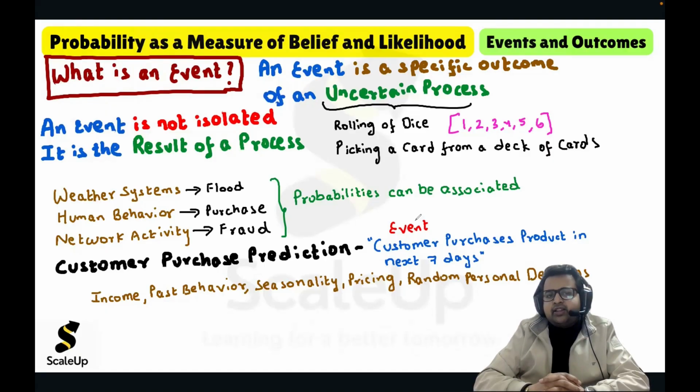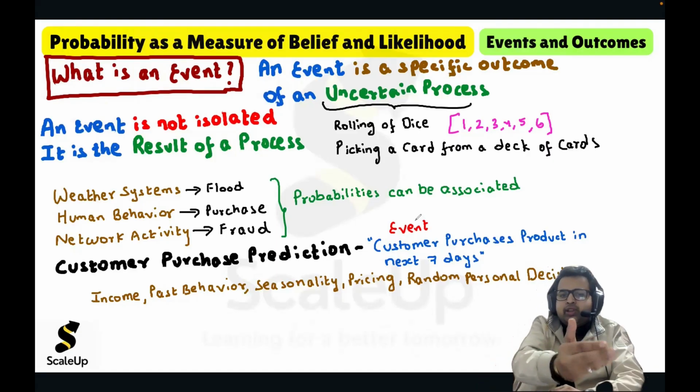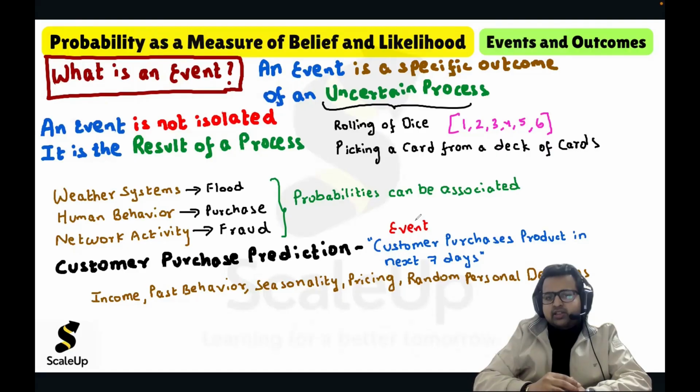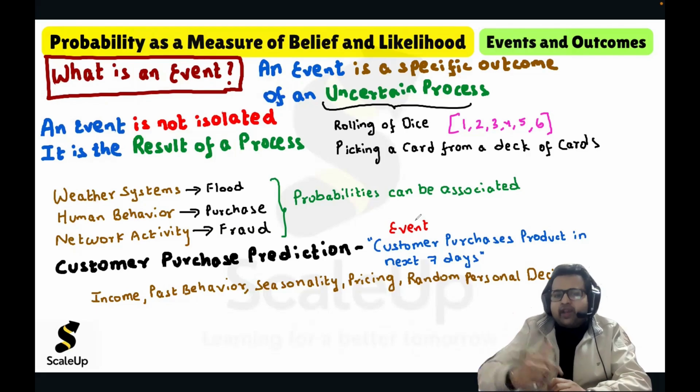This event is influenced by many features, like income, which will influence the purchasing decision, the past behavior, seasonality, pricing, random personal decisions. All these will influence the event.